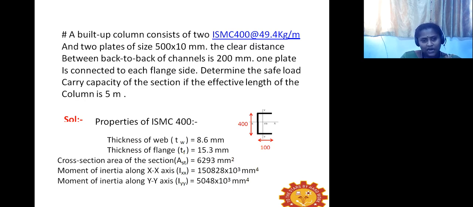So to overcome that, we make the value of Iyy greater. How to make it greater?